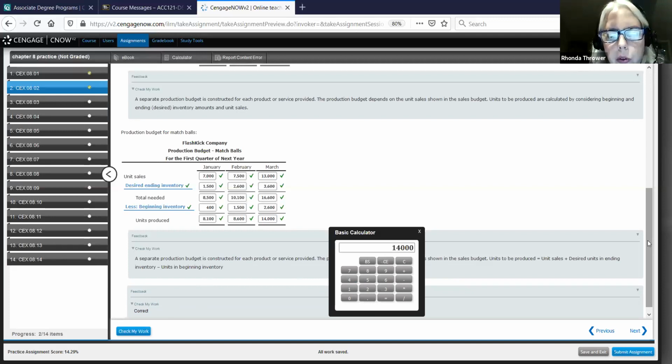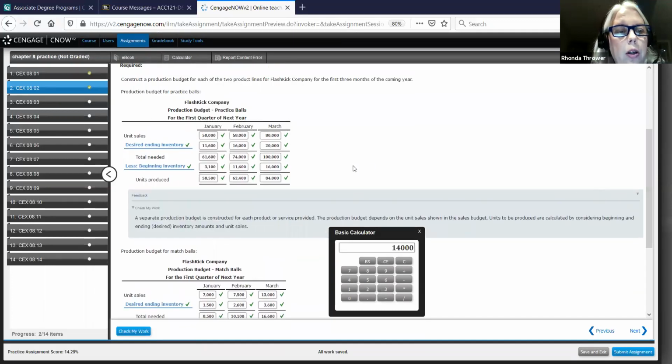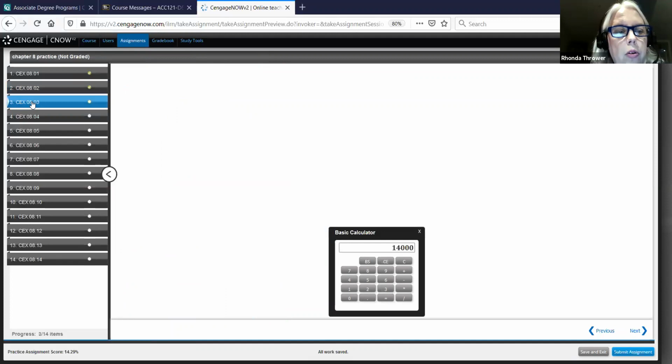So start with your sales budget. You need your sales information to start you out in the production budget. And then you're going to need your production budget to help you with the next budget, which is the direct materials purchases budget. So I'm going to move to the next one.